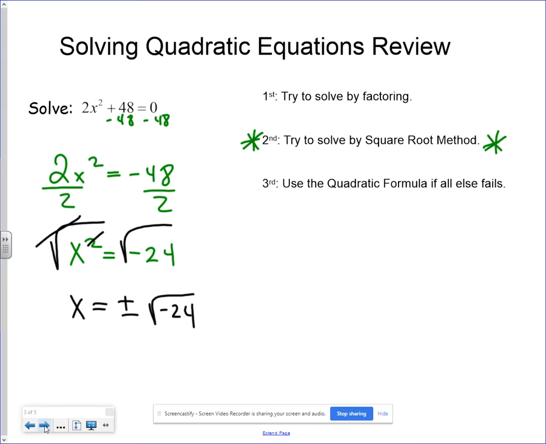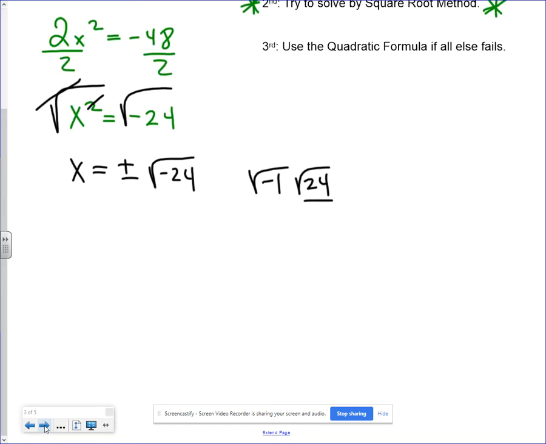But you can't have a negative under a radical, so I'm going to pull out a -1, the square root of -1. Now let's look at 24. Does 24 have a perfect square that goes into it? It does. So I can rewrite this as the square root of -1, and the perfect square that goes into 24 evenly is 4. 4 times 6 is 24.